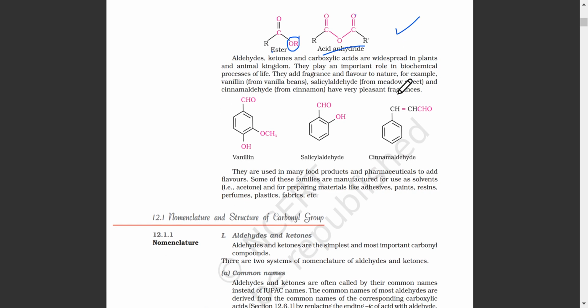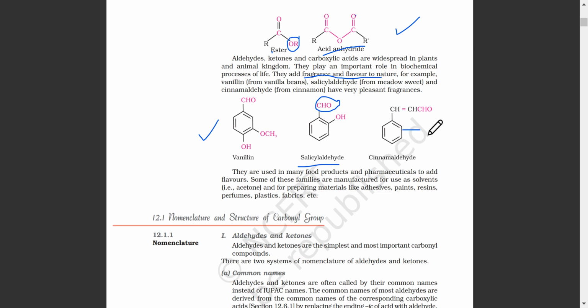Now you have another paragraph telling you about the basic uses of aldehydes, ketones, carboxylic acids, basically the compounds containing C double bond O group. How are they useful? Say they play an important role in biochemical processes of life. They add fragrance and flavor in nature. For fragrance, they have given vanillin, the vanilla flavor. And then the salicylaldehyde, say if you had a COOH group instead of this CHO group, then it would have been salicylic acid, which again we'll be discussing in the lesson.